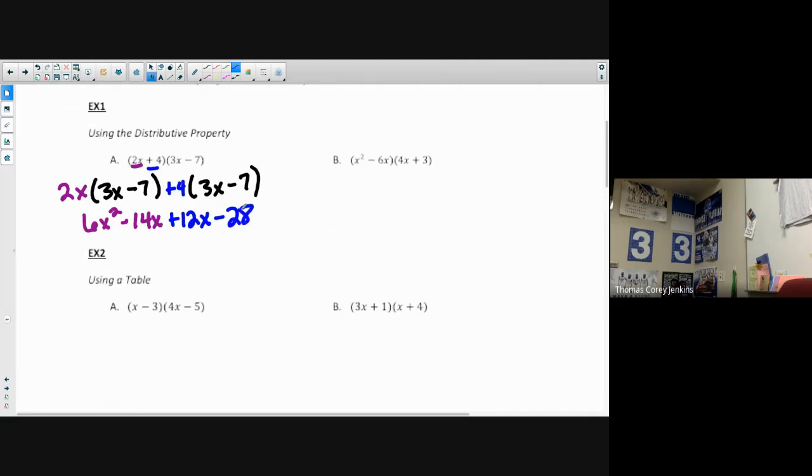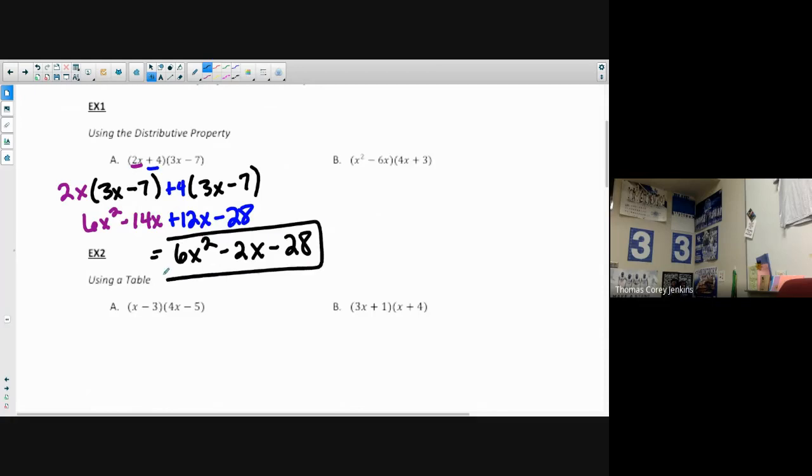And then a lot of times you'll have like terms there in the middle, so you'll have that next step of combining your like terms or simplifying. So our final answer here would be 6x squared, then negative 14 plus 12 would be minus 2, so minus 2x minus 28.